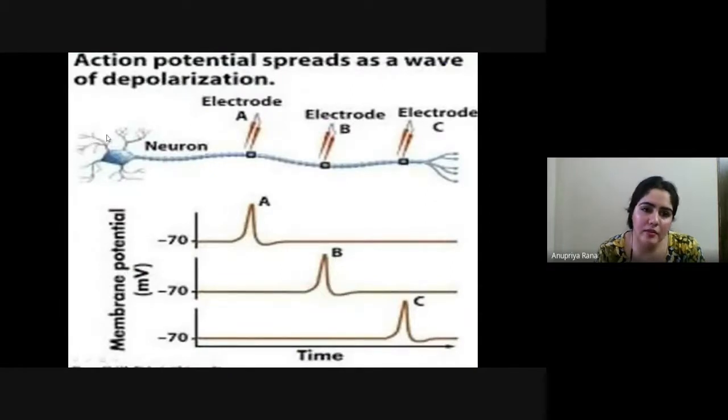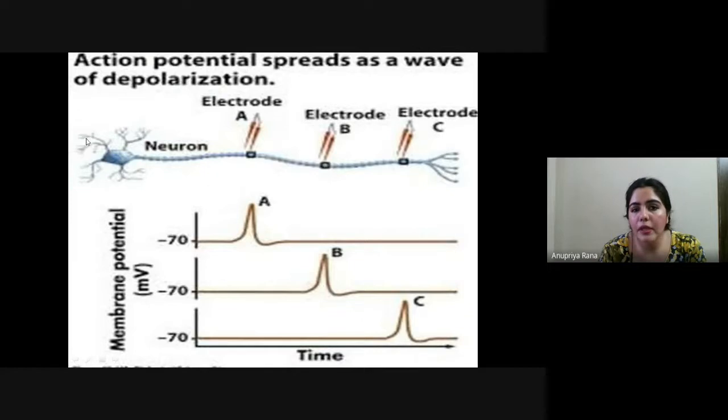This is a diagram of a neuron. These are the dendrites. If some impulse comes here, the dendrites catch it. After that, they first transfer it to the soma, and after that it is transferred into the axon.